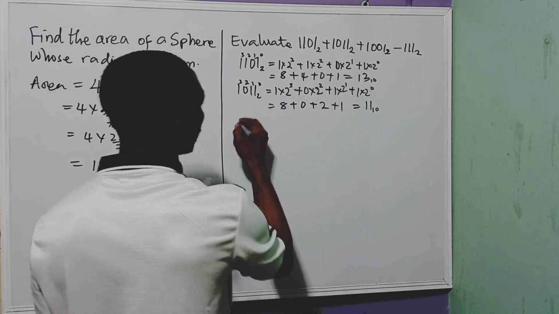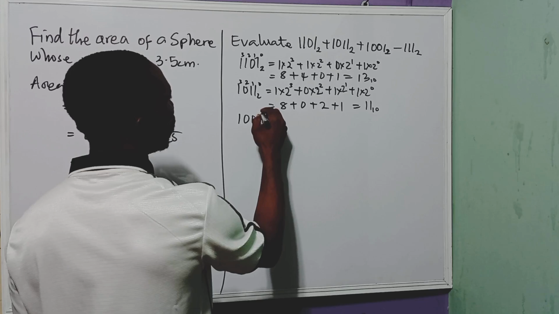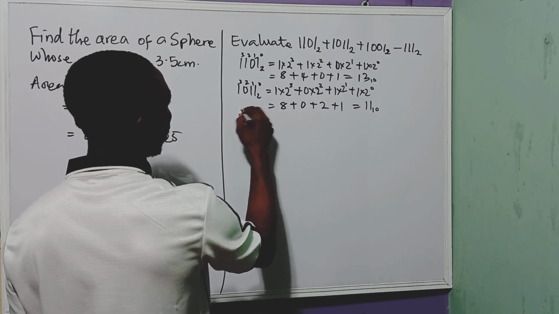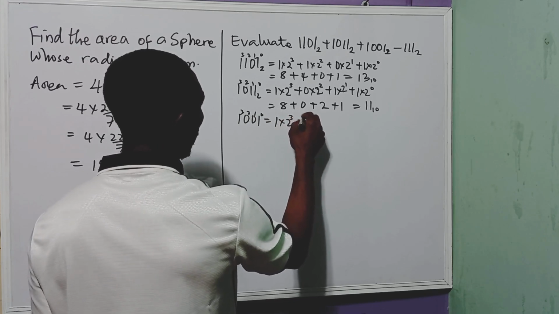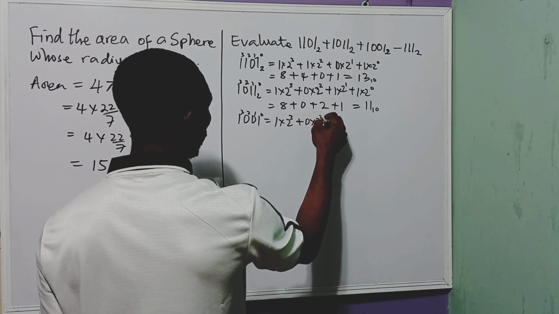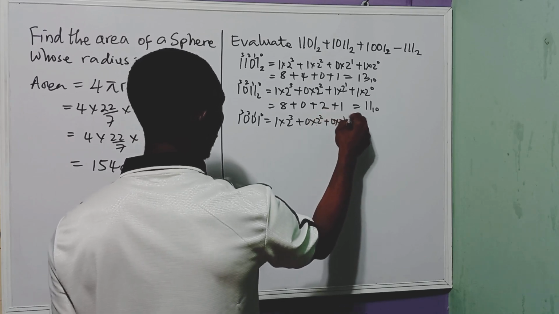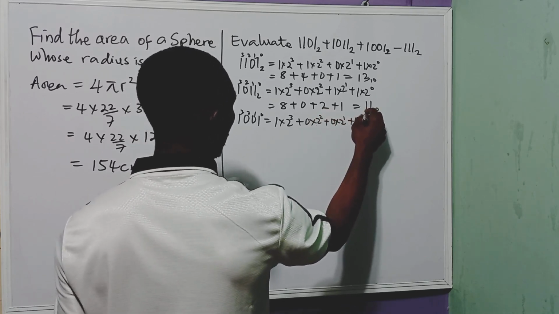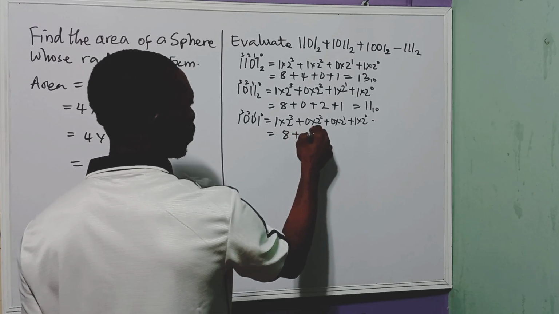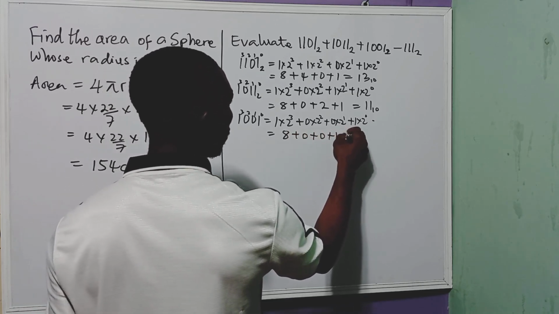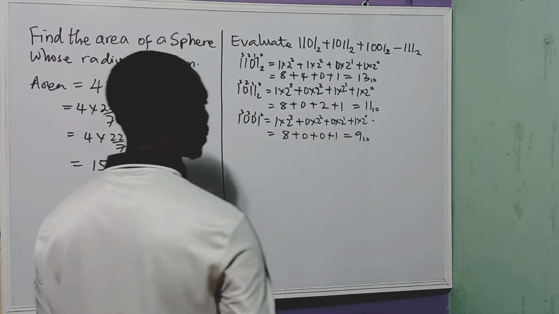Now our next one is 1001. This gives us 8 plus 0 plus 0 plus 1, which gives us 9 base 10.